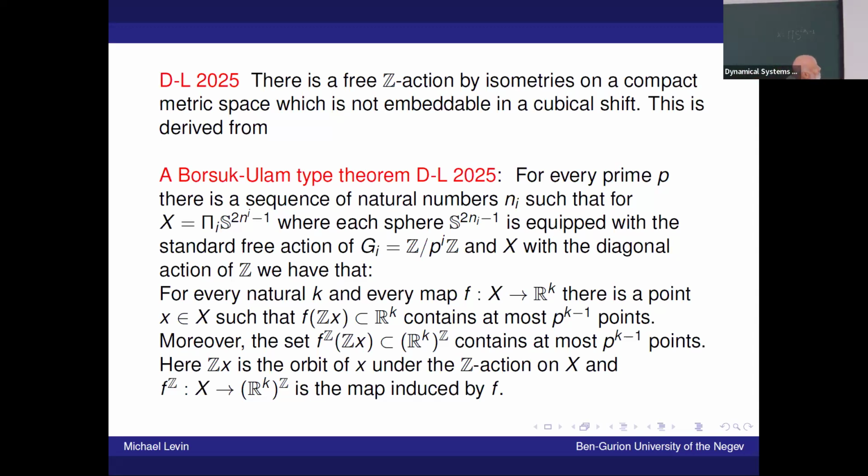So we equip each sphere with a standard free action. We just embed this sphere as the unit sphere in the product of n_i copies of the complex plane, and we take rotation on each complex coordinate.